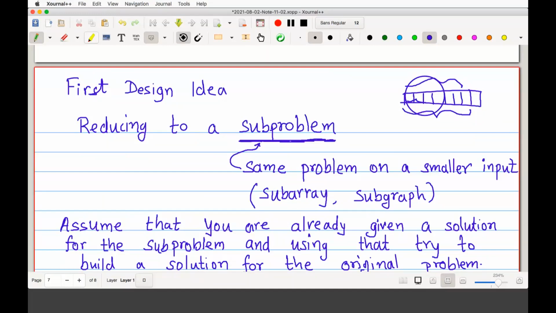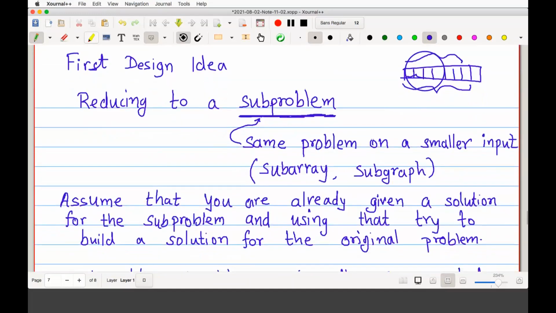So the idea is that you think of the same problem on a smaller input, and assume that someone already gave you a solution for that subproblem. Now you think, how can you build a solution for your original problem using that solution for the subproblem?